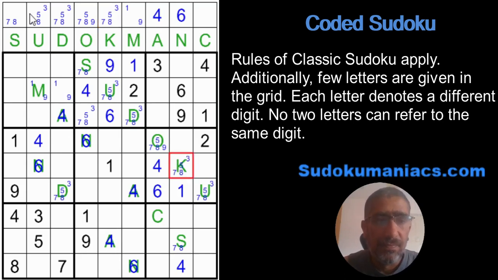Awesome. Now, and finally C. I can't have a 1, or a 2, sorry. 2 is possible, 3, 4 is a no, 5 is a yes, 6 is a no, 7, 8, 9. Right. Now we have the pencil marks for all these.